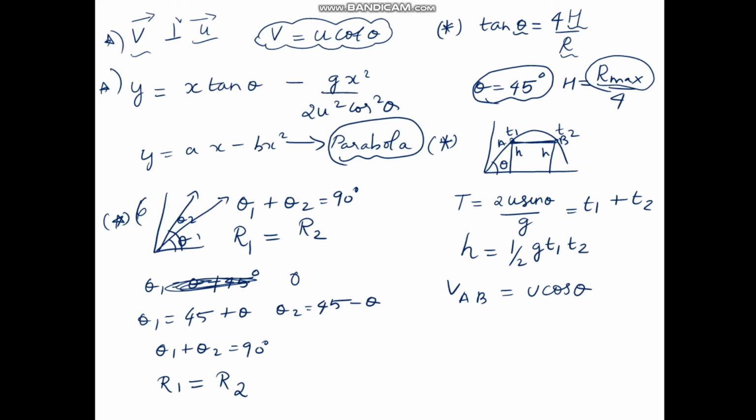Let us see the next special case. Suppose we are throwing the first projectile with angle theta, and its maximum height reached is h1, and let us throw another projectile, the second projectile, with an angle theta, which reaches the maximum height of h2.